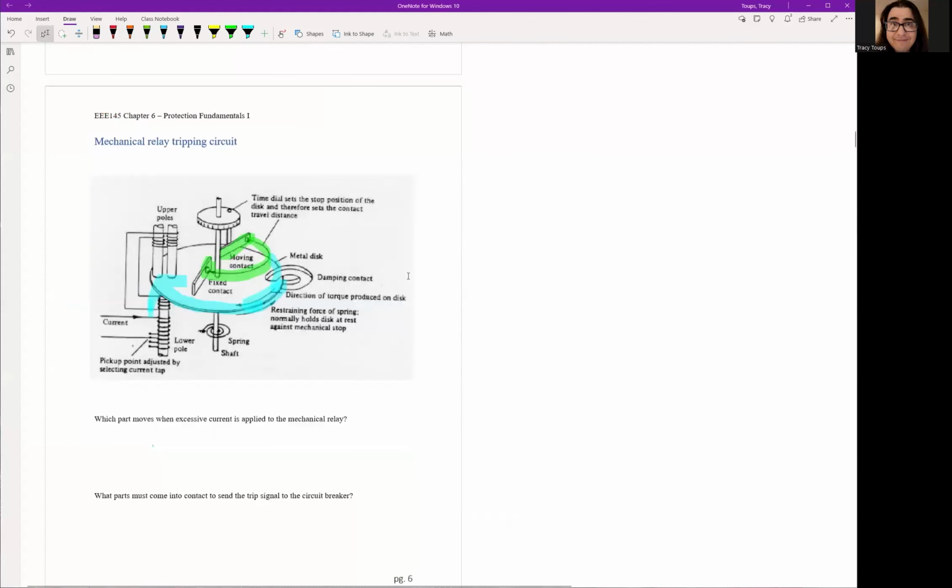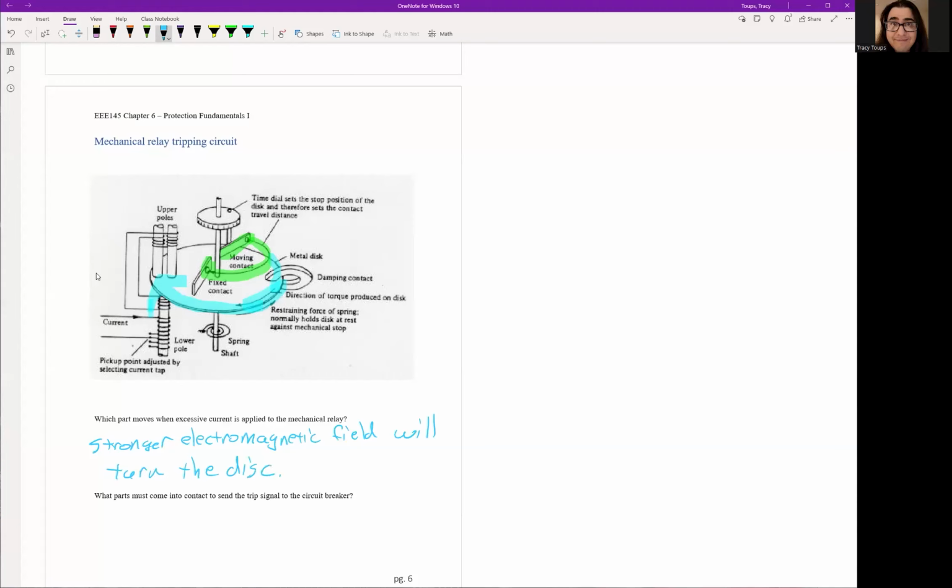Now, the next question is what happens when an electromagnetic field travels through that disc? Well, through electromagnetic properties, the disc will actually start spinning. If we put a lot of current in, it's going to create a stronger electromagnetic field, and a stronger magnetic field will turn the disc.